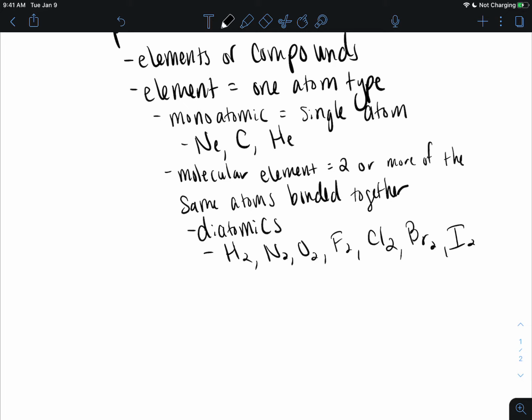So these 7 diatomic molecular elements you should have memorized. Anytime I say H2, you should know that that's the elemental form of hydrogen, or if I say oxygen gas, you should know that the elemental form of oxygen gas is O2. So commit these to memory. These are important.